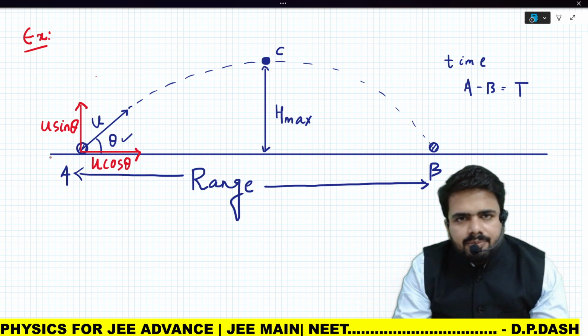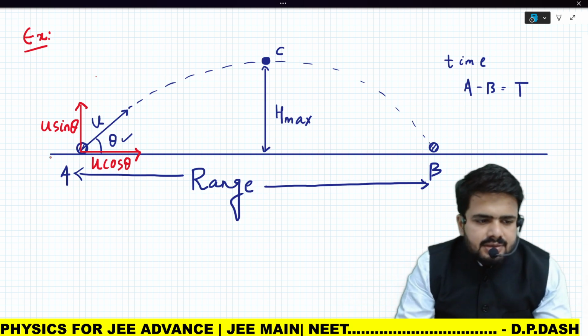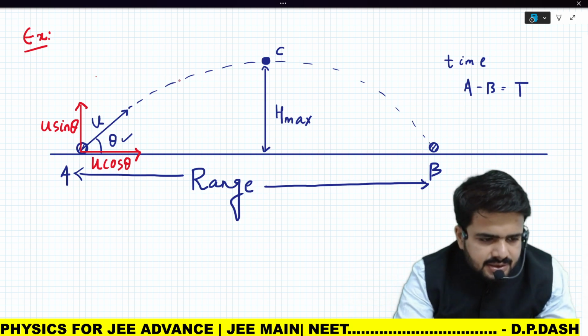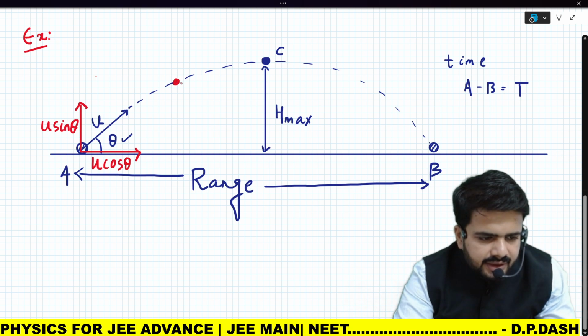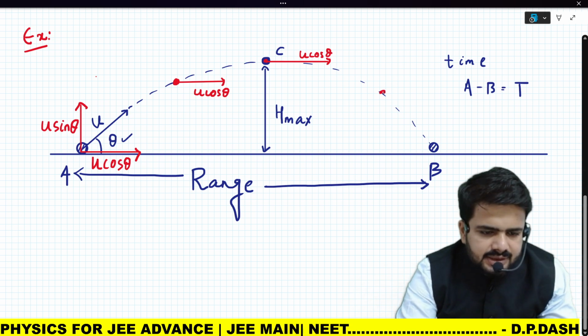So as the time passes, what happens to each of the components? As the time passes, this u cos theta remains as u cos theta only. It does not change. It remains u cos theta at every point you see the object.